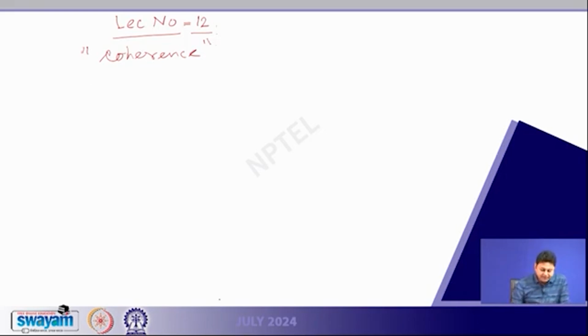When we have a pure monochromatic wave, which is the most ideal case, that is a wave having a single frequency.